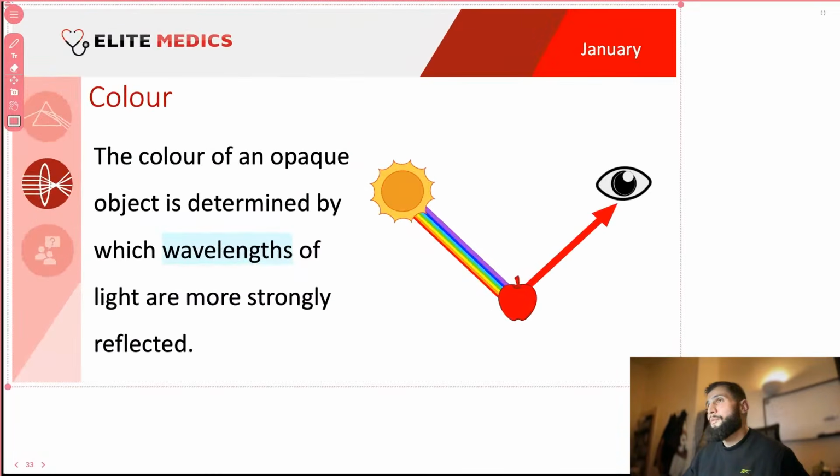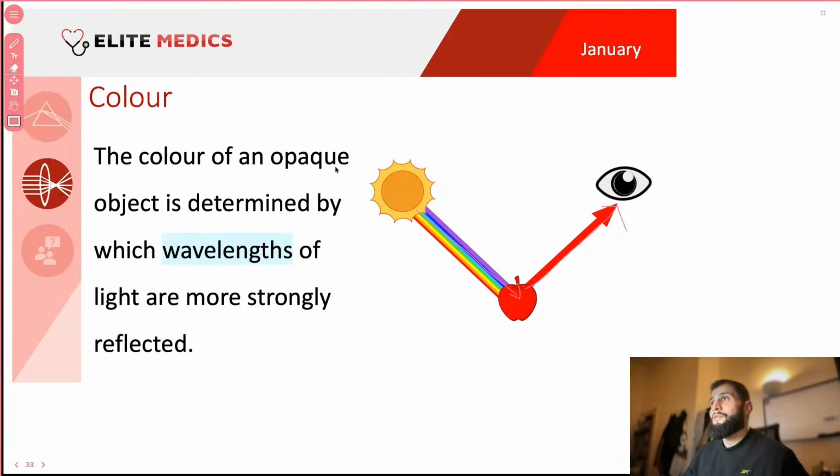So we see the light hitting the apple. Okay? And then what we see is the red being shot back up. Now, because the red wavelength is shot back up, we perceive it as red because our eyes are able to decipher the wavelength of the object and its color.